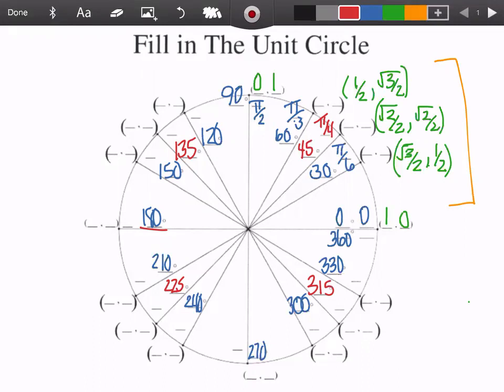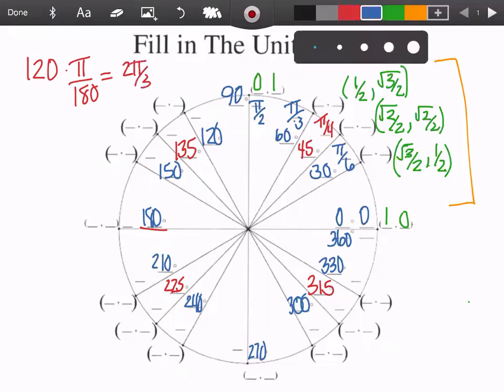So now we do have the radian measures. For the radian measures, for right now, we're just going to convert using a conversion factor. So 120 degrees times pi over 180 will give you this radian measure of 2 pi over 3.